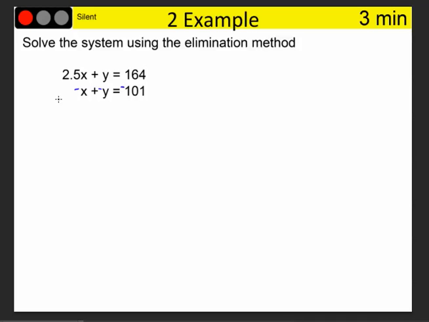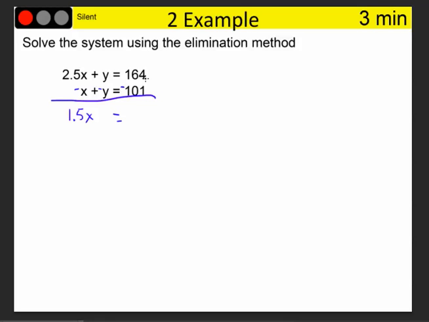Now, why is that helpful? Well, let's check it out. Now I have 2.5x minus 1x, so I end up with positive 0.5x. Oh, sorry, 1.5x. And I have positive y and negative y, which make 0 again. They're eliminated.